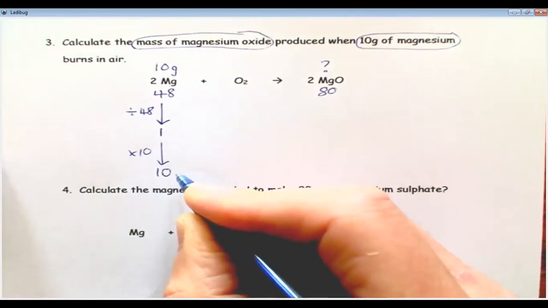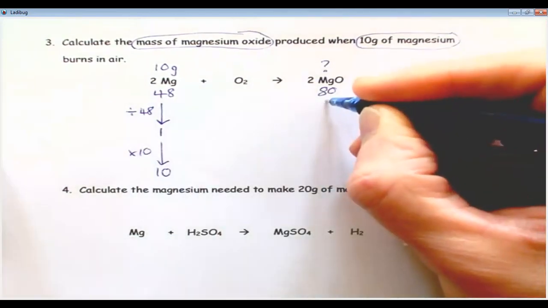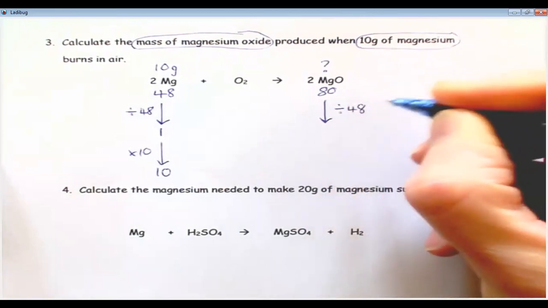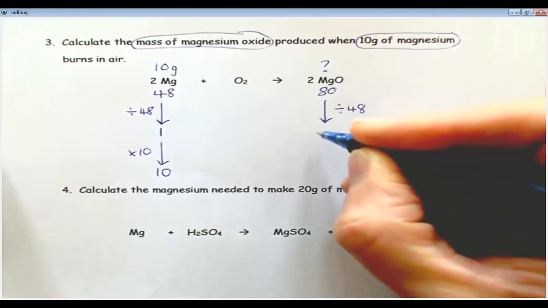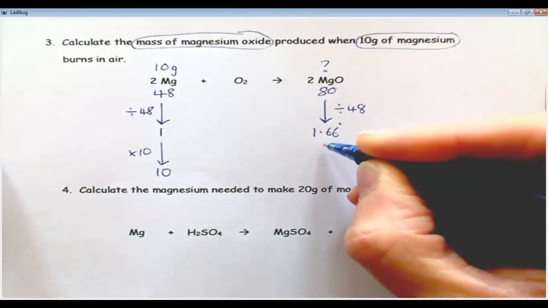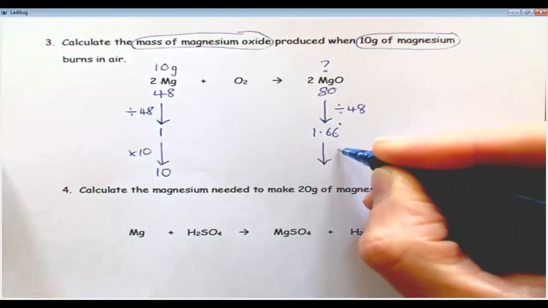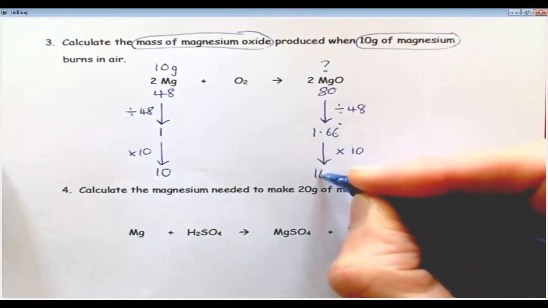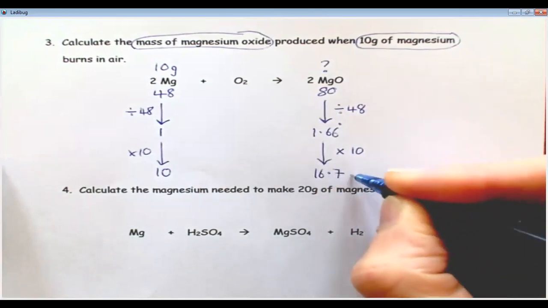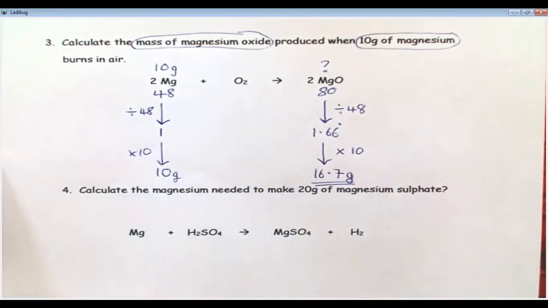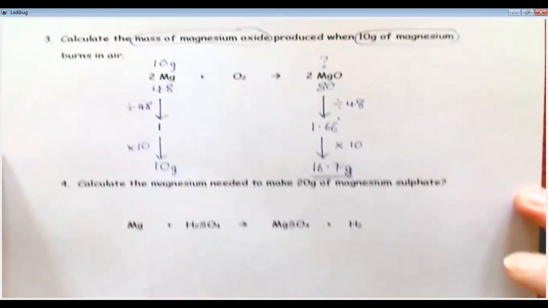And then I just do the same on the other side, which I'm going to do now. So that's question number 3.